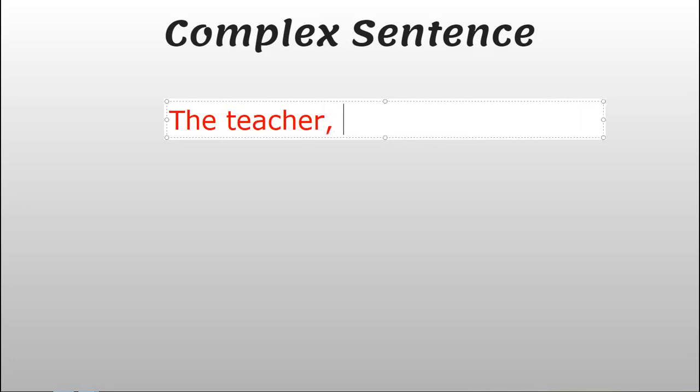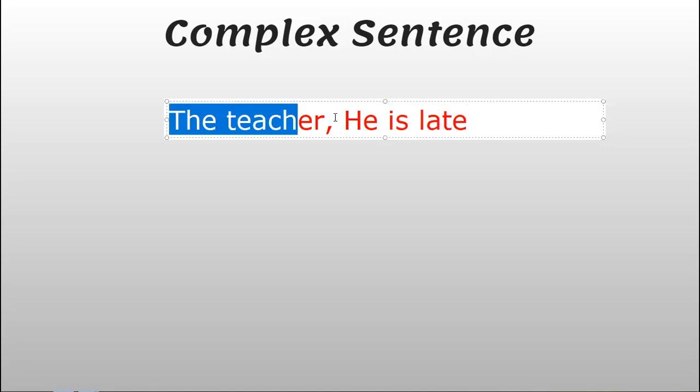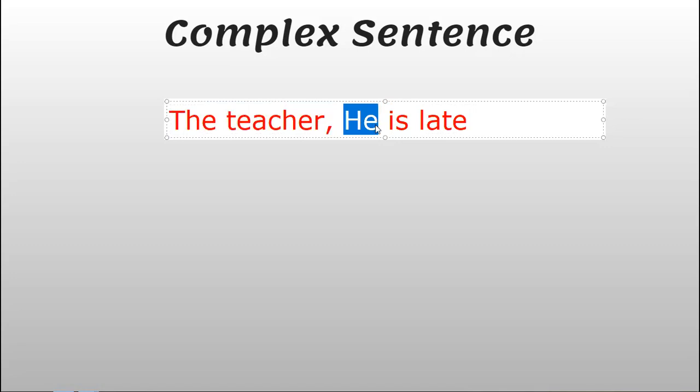But if I add he, does it add up anything? Is it the khabar? No, it's still another mubtada, right? And then I say is late, then this is the khabar part, right? So sometimes to introduce the mubtada, we add another word, okay?